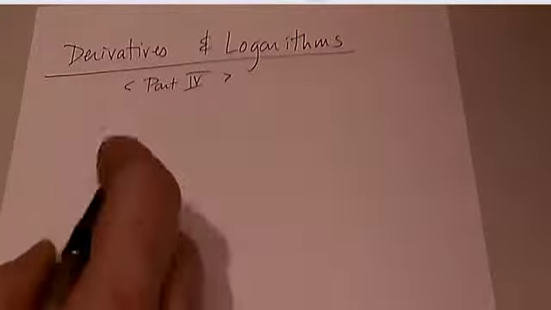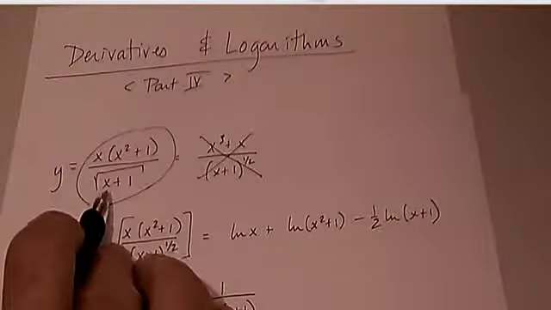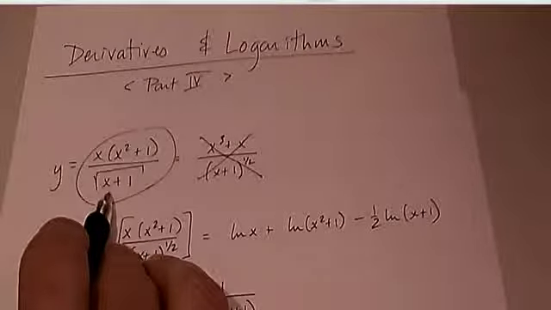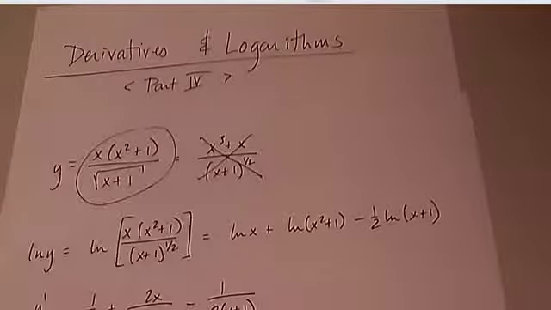The last problem that we did in video number 3 was one where we could have done the derivative just by grinding out chain rule inside of quotient rule and stuff like that.